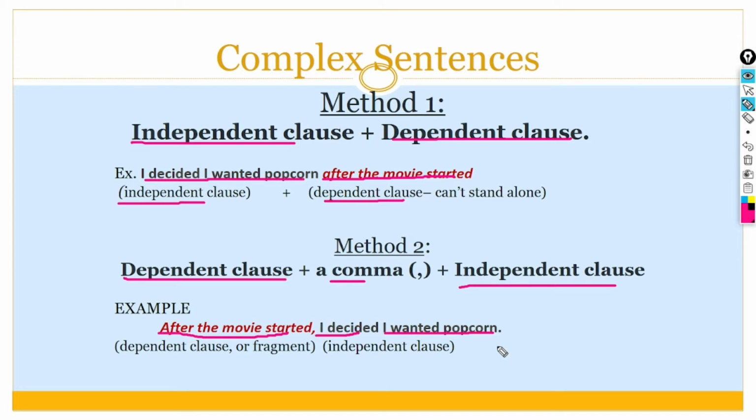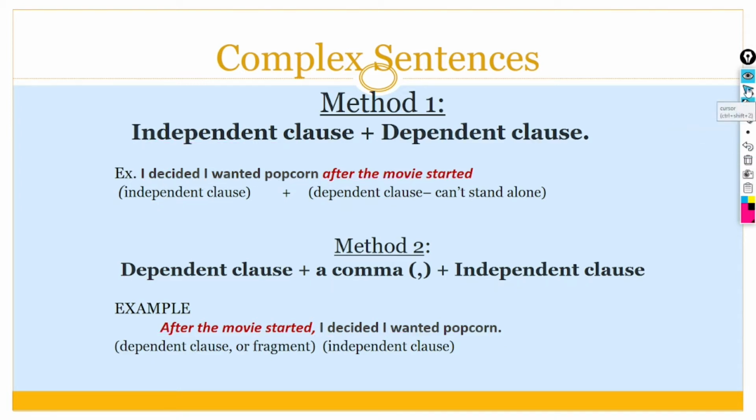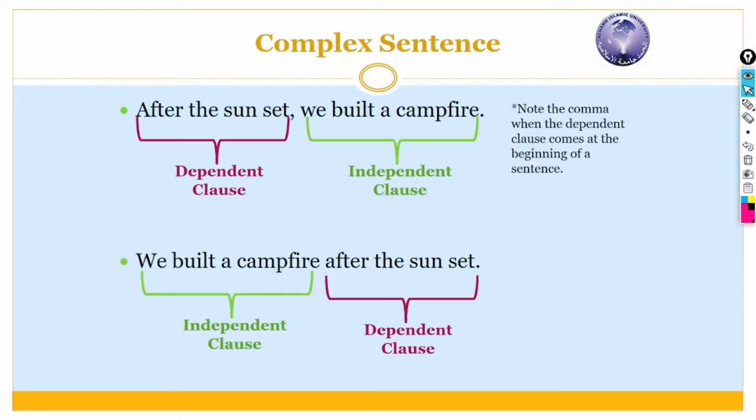Now you can find the difference between these two methods. In the first method, if the dependent clause is the second clause, there is no need to use a comma. But if we use the dependent clause first, then we use the comma. That is the difference between the two methods of complex sentences.